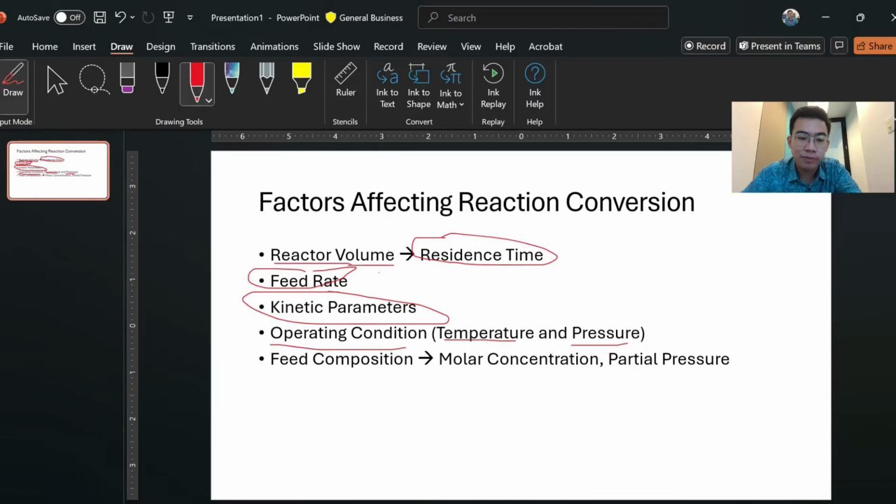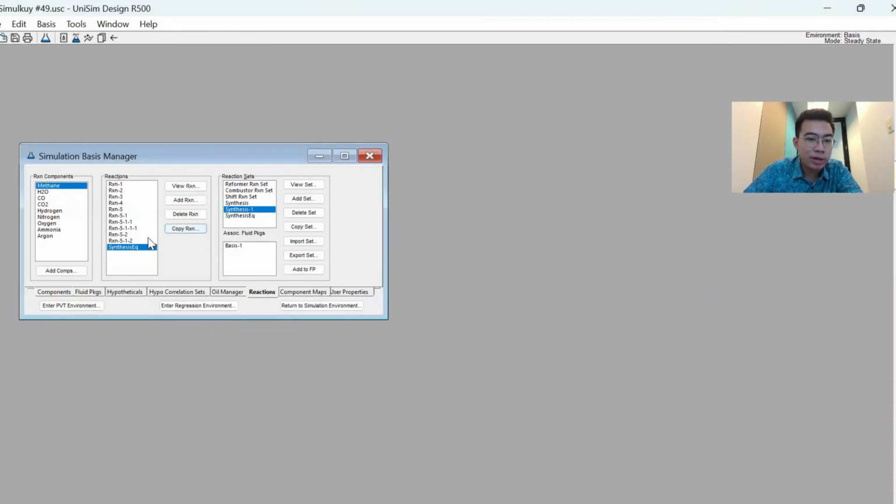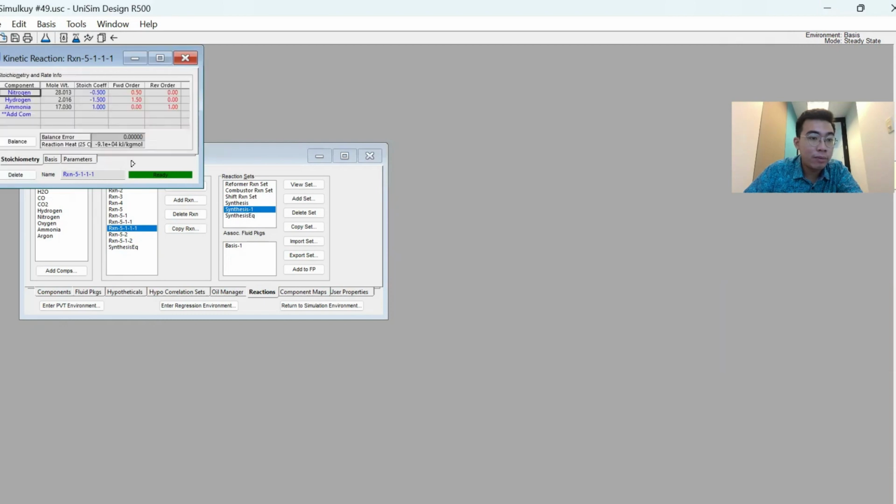Lastly, it's the feed composition, because it affects the molar concentration and also the partial pressure, and these two parameters affect the reaction rate. If we see here in our reaction rate, we have the forward order of nitrogen and hydrogen. So in other words, if we have more concentrated nitrogen and hydrogen, it will increase the rate of the reaction.